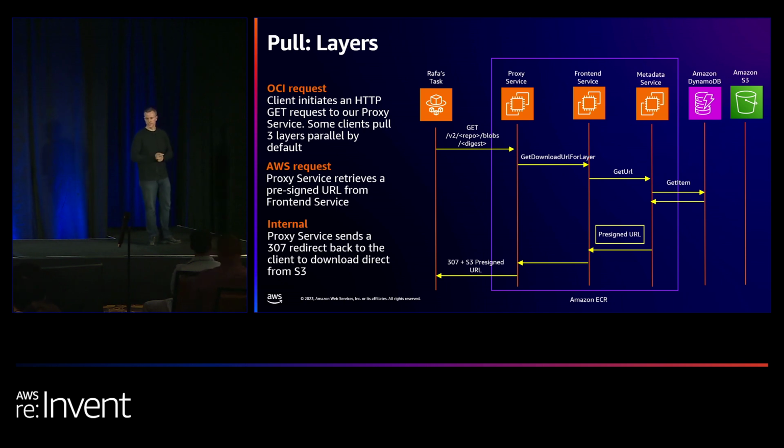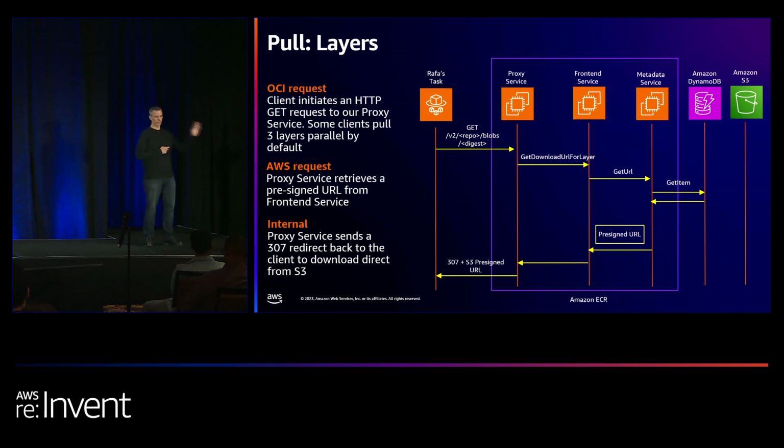Another interesting thing here is because it's our S3 bucket, we can't permission the world to access it. So what we do is we pre-sign the URL, meaning the Docker client is going to get a URL it can access, and it's short-lived and it expires, and it's only for that image. So it's part of the job of the front-end service and the metadata service here to generate that URL and send it back to the client as a redirect.